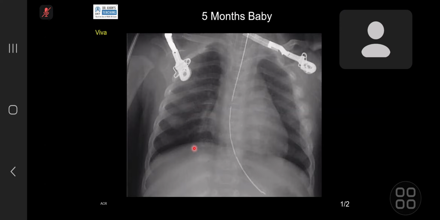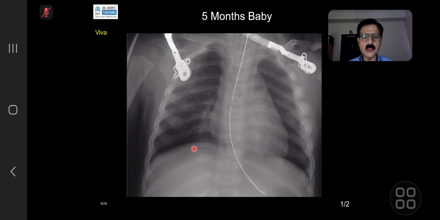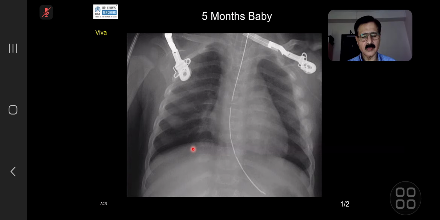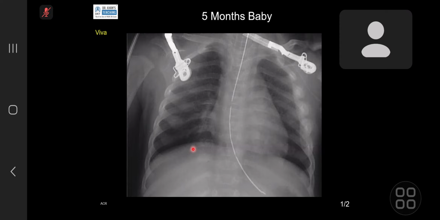Okay, so again, the anterior aspect of the ribs are looking bulky. So again, could be rachitic rosary again. Look at the left-sided ribs. The left-sided ribs are probably fractured at the lateral aspect.